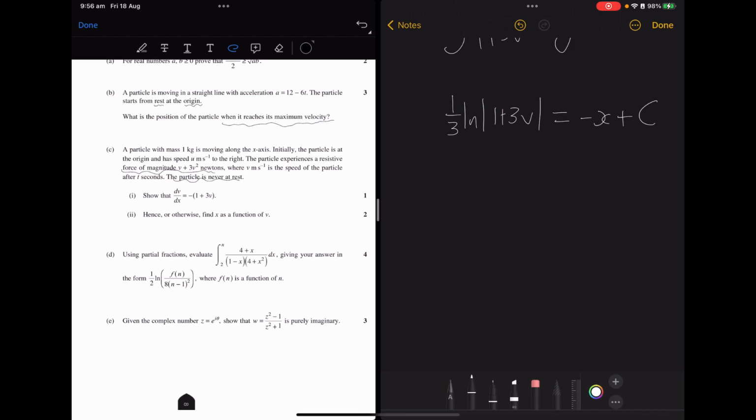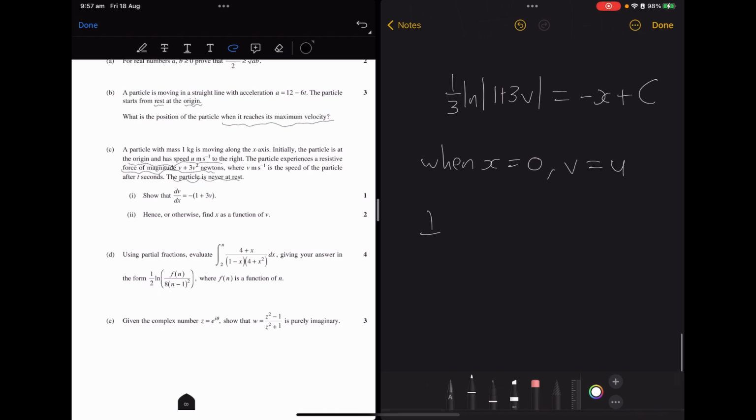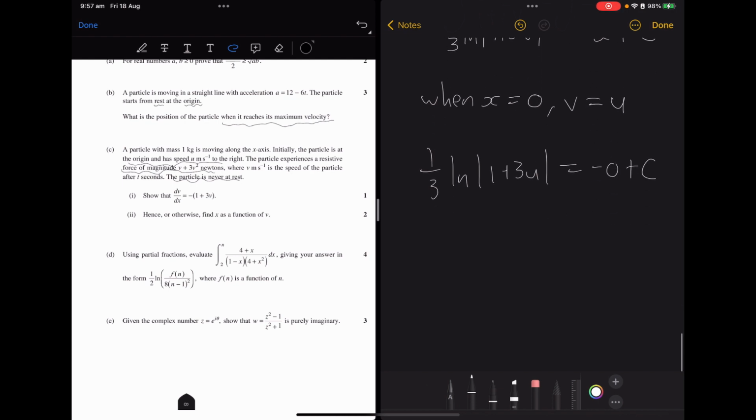So when the particle is at the origin, it has speed u meters per second to the right. Hence, when x equals 0, we have v equals u. So just subbing those in, 1/3 ln 1 plus 3u equals negative 0 plus c, and therefore c equals 1/3 ln 1 plus 3u.